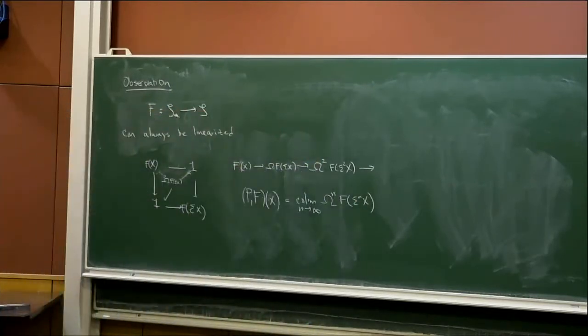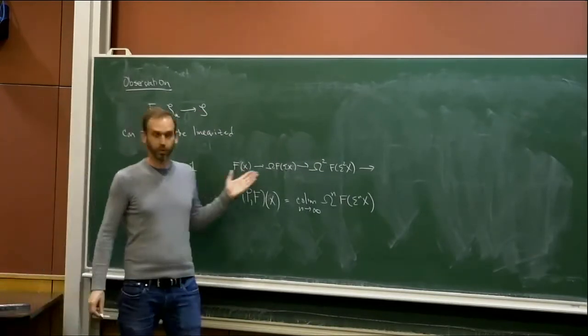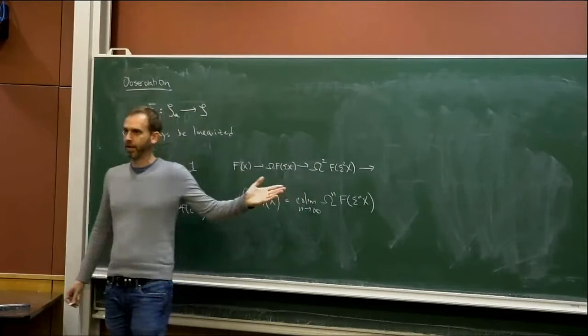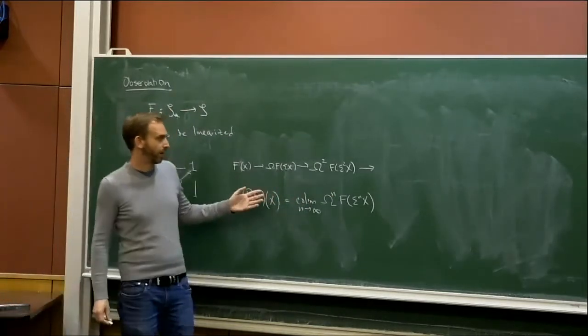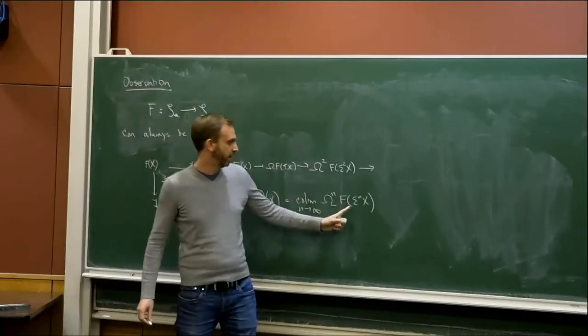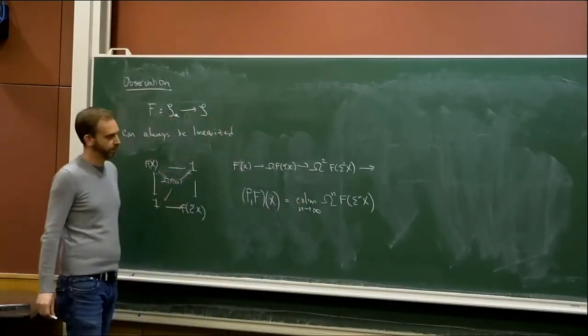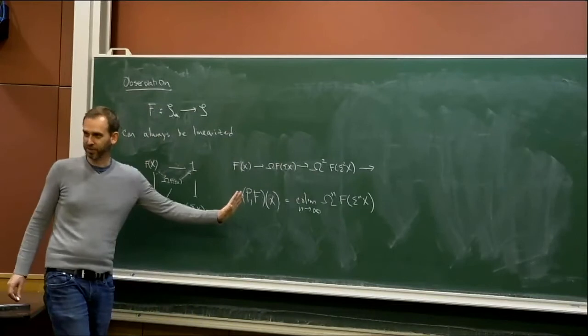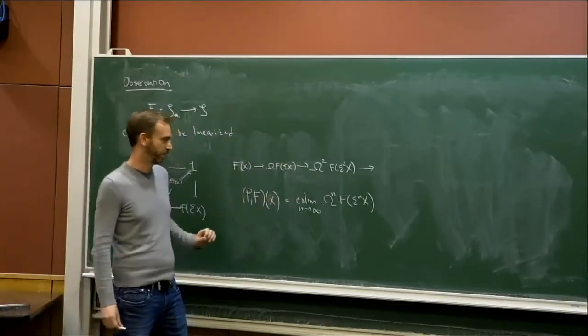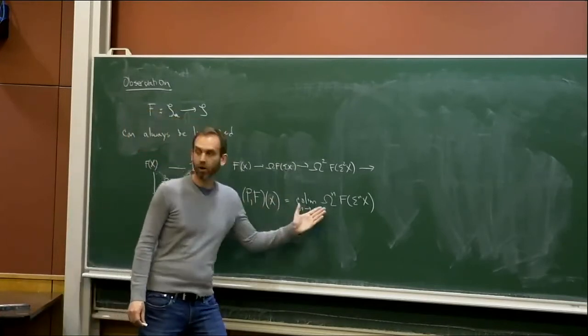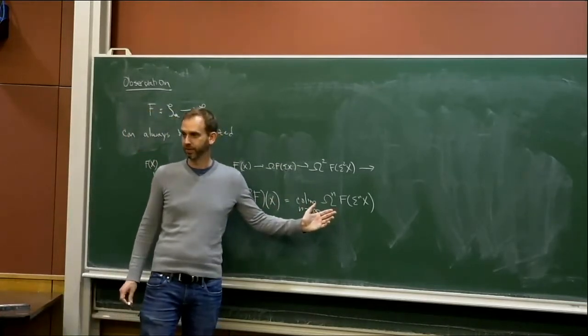So I don't have this condition to begin with, but I force this condition. I'll give you the classical argument in topology for why this works. I can't give you a completely rigorous argument for the moment, but I'm going to state a much more general theorem later on. This always gives you a linear functor.